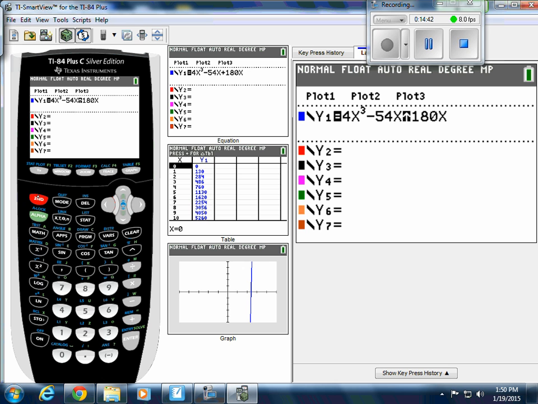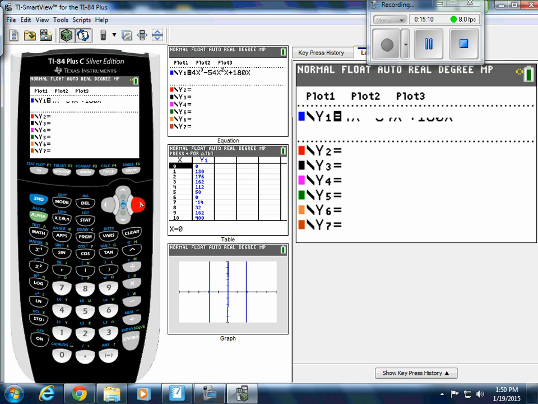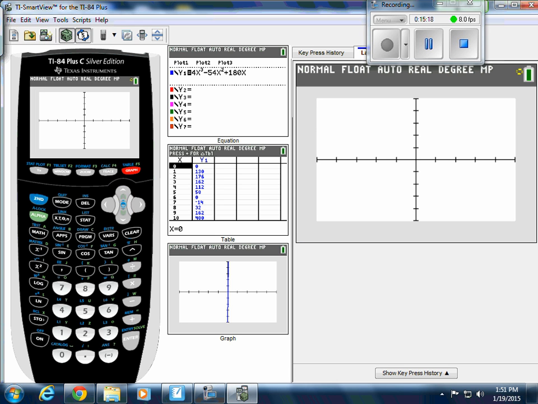So let's insert x squared there. So we got 4x cubed minus 54x squared plus 180x. And let's graph it. We'll see what our polynomial function looks like.